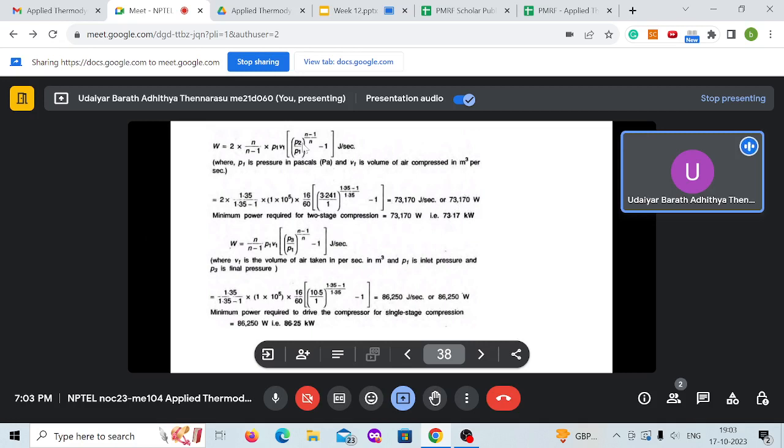Now similarly, if this process is done in a single stage, then your pressure ratio is 10.5. On substituting that, we'll find that for a single stage the work done is 86.25 kilowatt.